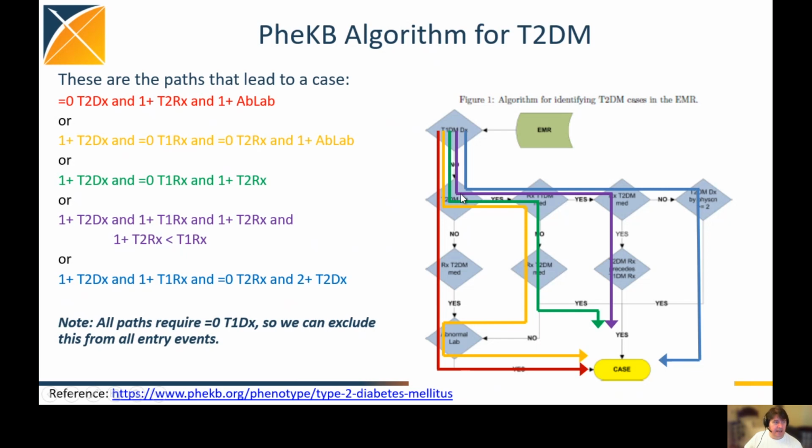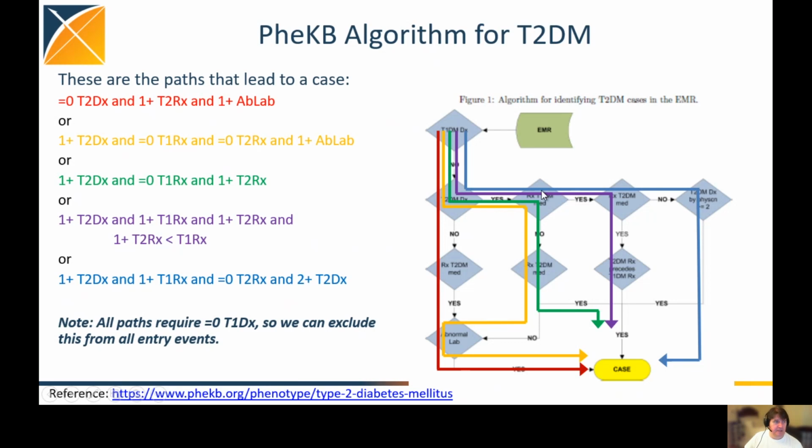The green line follows the path at least 1 type 2 diagnosis, exactly 0 type 1 treatments, and at least 1 type 2 treatment. That will lead us to a case.